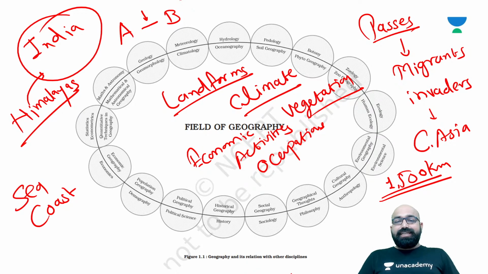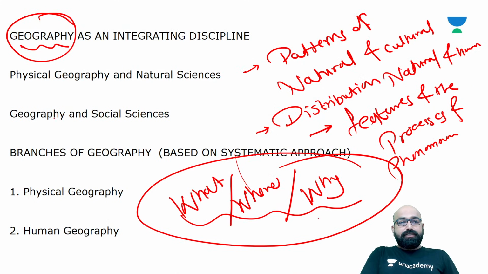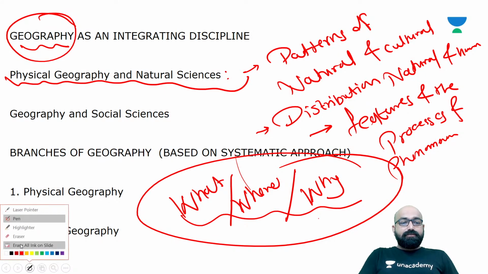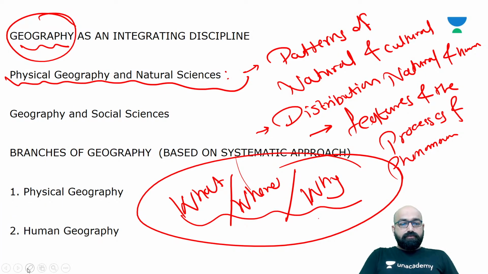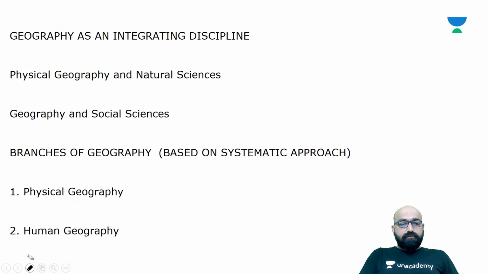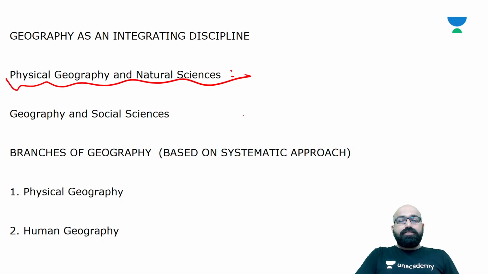One is physical geography and natural sciences. Now friends, all the branches of physical geography, which we will discuss now, have interface with natural science.